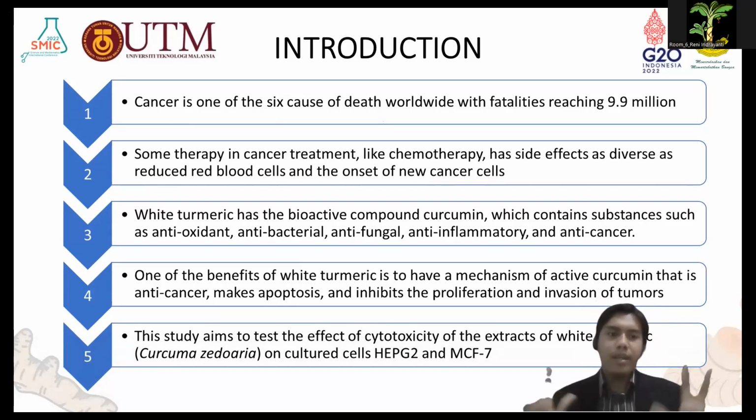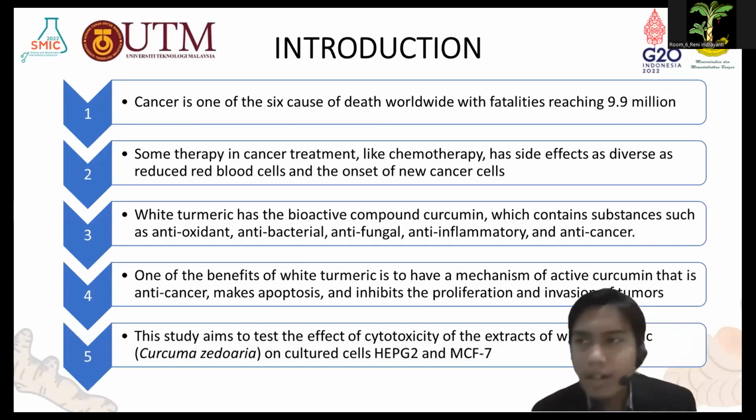We know that some cancer therapies, like chemotherapy or giving some drugs, have side effects. For example, they reduce red blood cells and may cause the onset of new cancer cells.